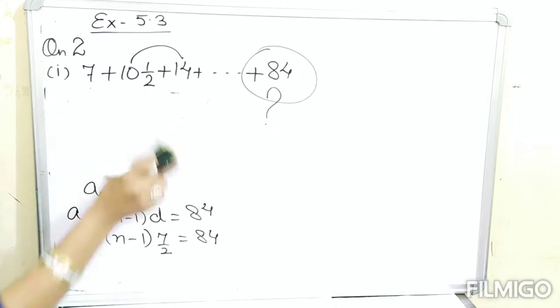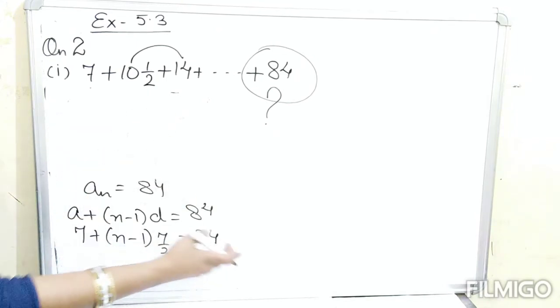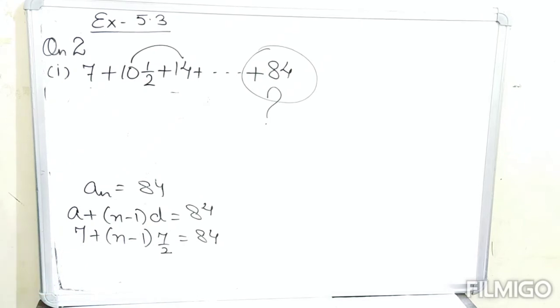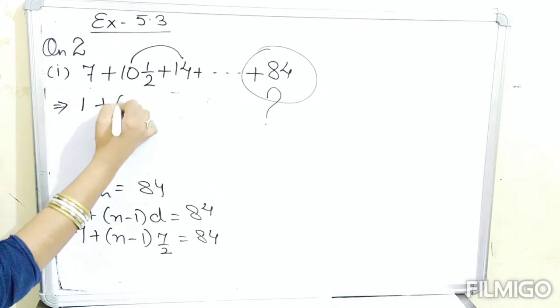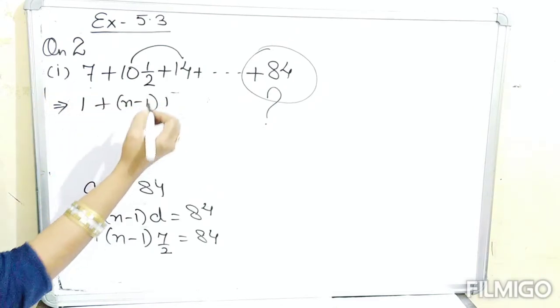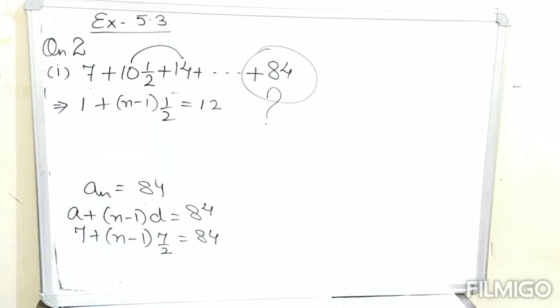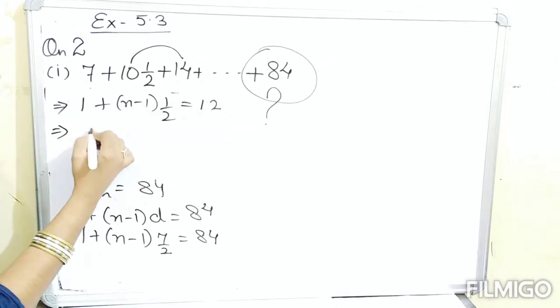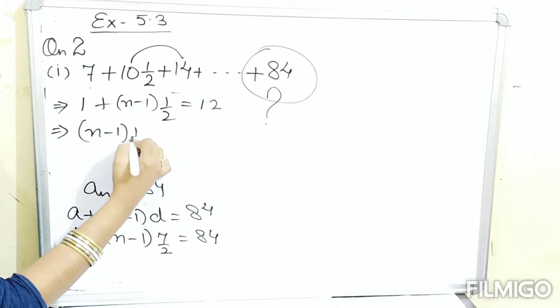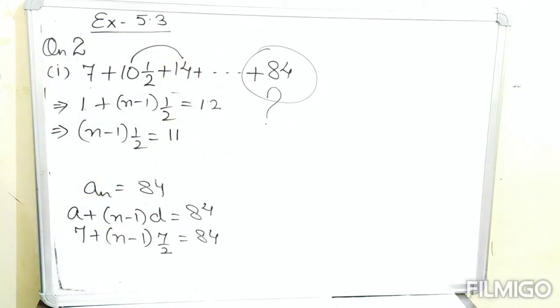Now we'll solve it. You can take 7 common and divide the whole equation by 7 so that the calculation will be easier. So this will be equal to 7 ones are 7, and 7 twos are 14... that is, 1 plus n minus 1 into 1 by 2 equals 12. Take the 1 to the right-hand side: n minus 1 into 1 by 2 is 12 minus 1, that is 11.